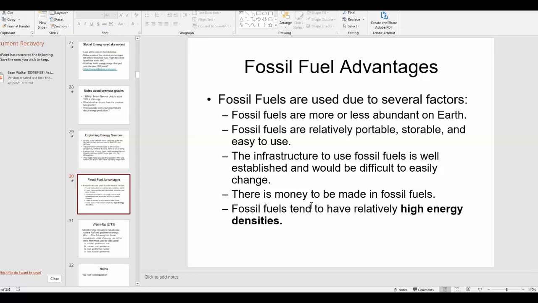And one country that uses a lot of coal is China. China has historically been a third world country, although they've been developing a lot lately. And so their consumption of coal is way more than ours, as a matter of fact, because we are more developed as a country overall.